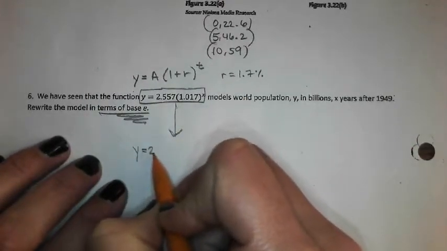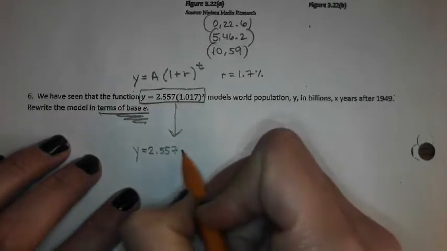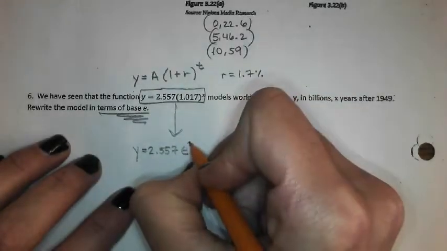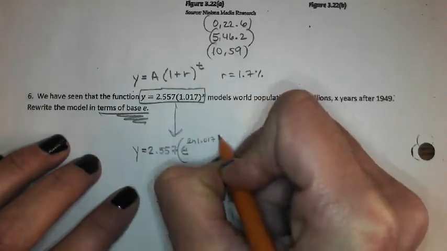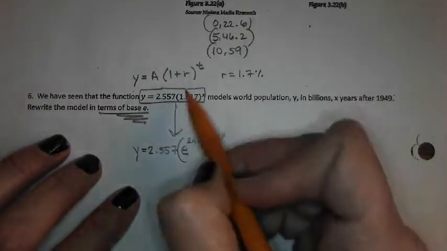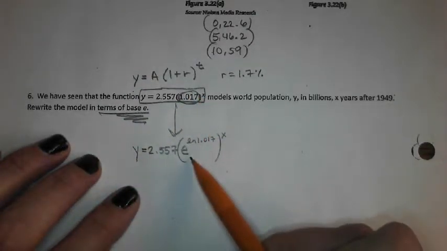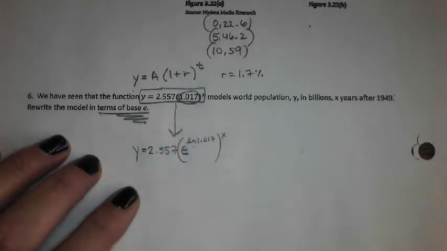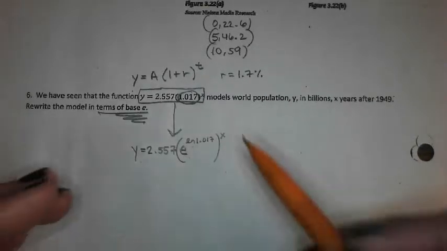What you're going to do to change it to this E format is you're going to insert E to the natural log of that 1.017 to the x power. I'm replacing 1.017 with e to the ln of 1.017. Because think about that going backwards.